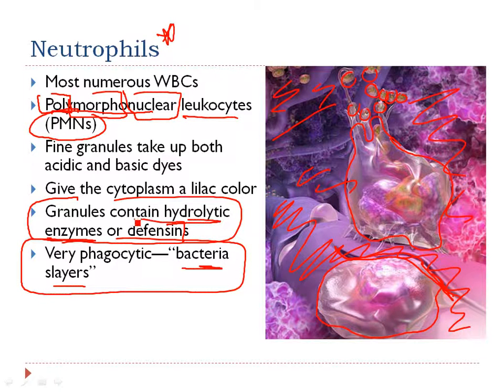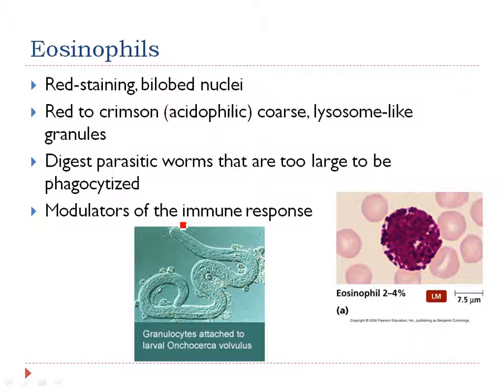And also defensins, those are special proteins that are toxic for bacteria. You'll hear more about those when you take your microbiology course. So neutrophils, very important. Think about those as first responders. Think about them as being phagocytes that engulf bacteria especially.